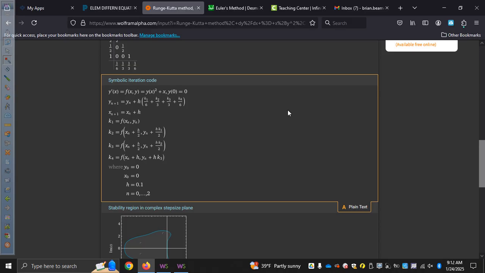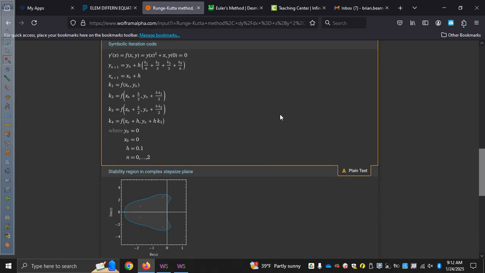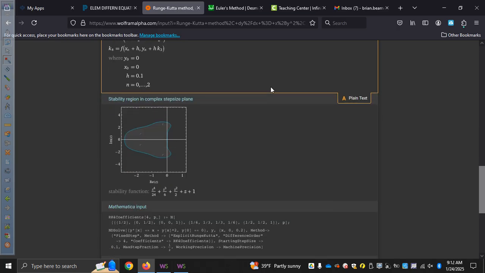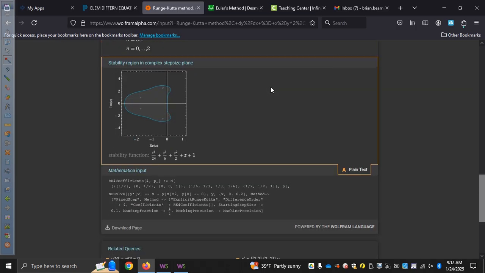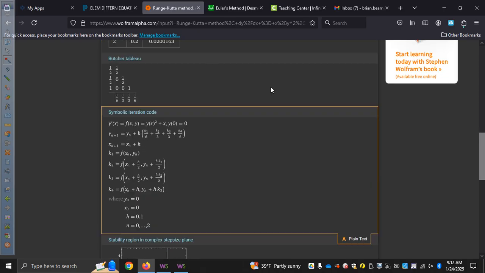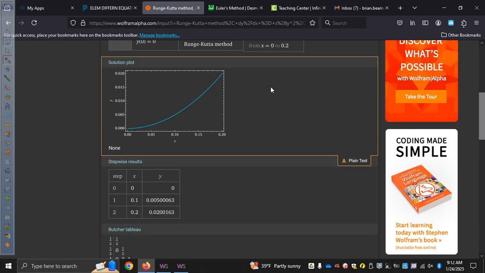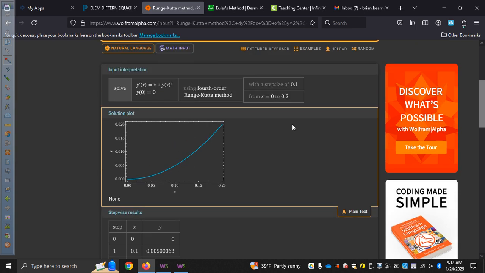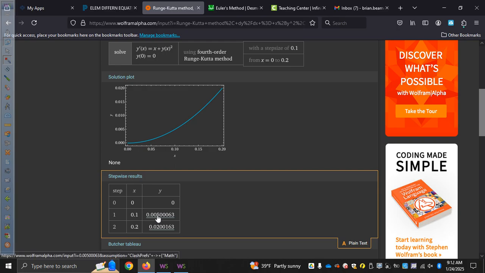I'm not sure, I would have to look. I don't remember off the top of my head exactly how Runge-Kutta works. But Runge-Kutta is generally a little more accurate, a little quicker, and you can see the difference in the solution curve that it produced. It looks a little better. Yeah, so it got here in one step.